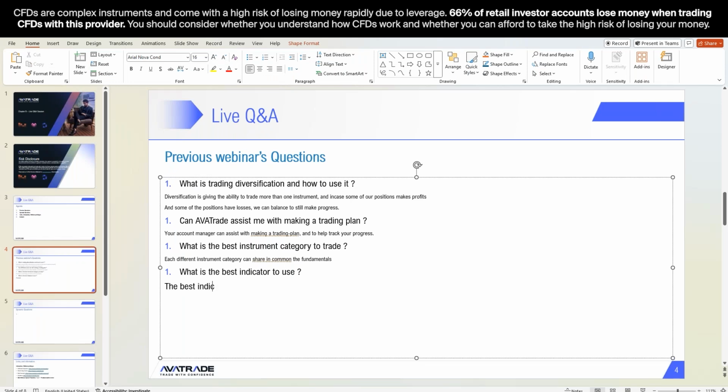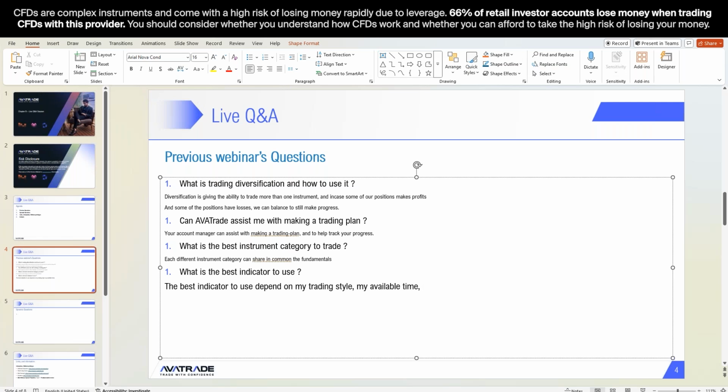The best indicator to use depends on my trading style, my available time. And the reason for that is because if I'm using, for instance, the RSI, and at the moment I'm analyzing minutes, will the RSI help me analyzing in minutes?